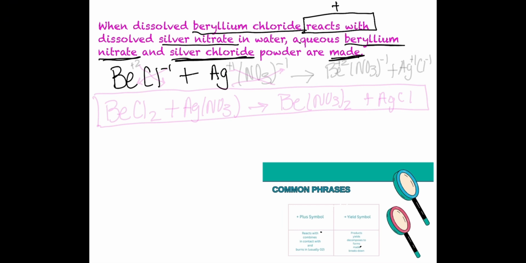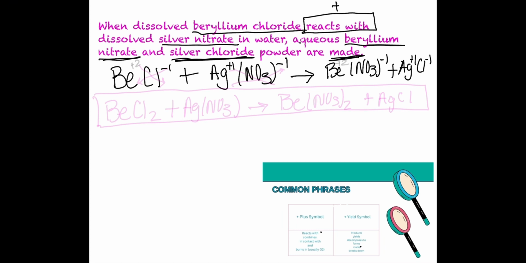And being that they did not give us that transitional metal, I know that it is +1. Nitrate, NO3, -1. I wrote my reactant, so now I know that the next set of compounds are going to be in my products. So I went ahead and wrote my yield sign, okay? And then I have Be, NO3, -1, plus Ag, +1, Cl, -1. All right.